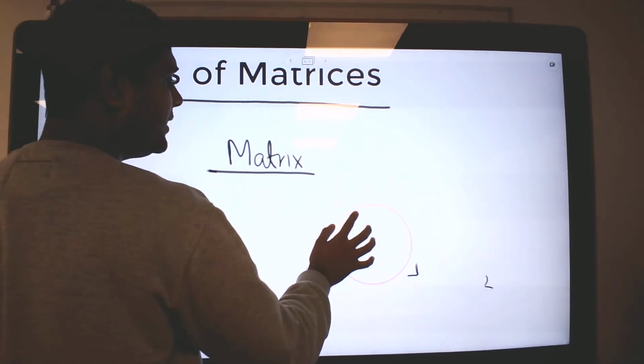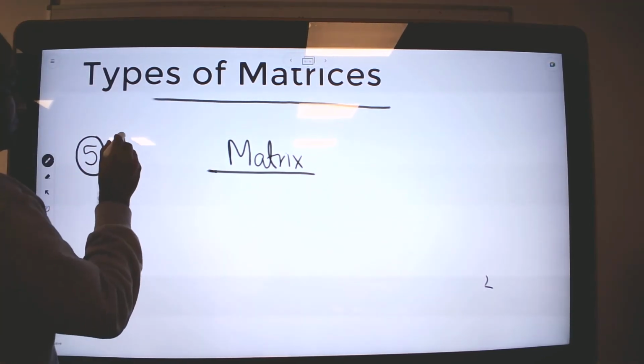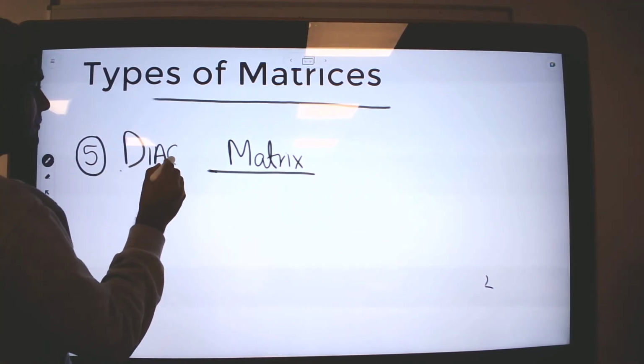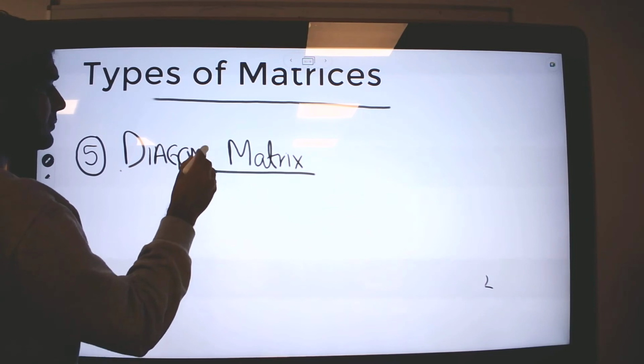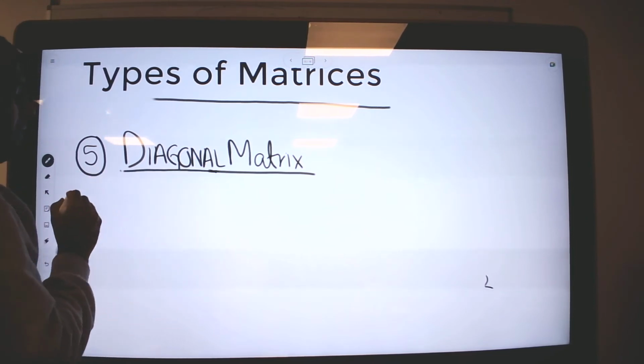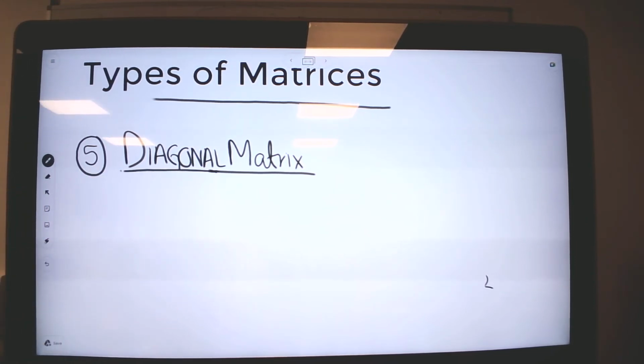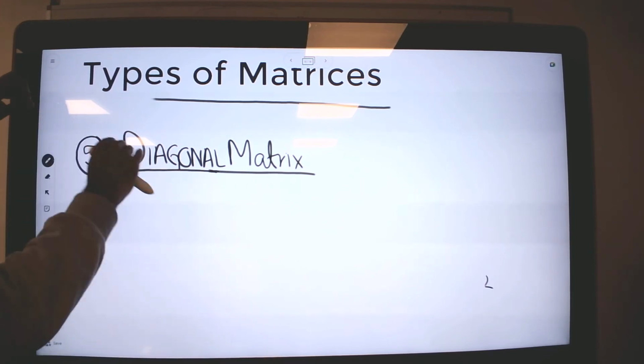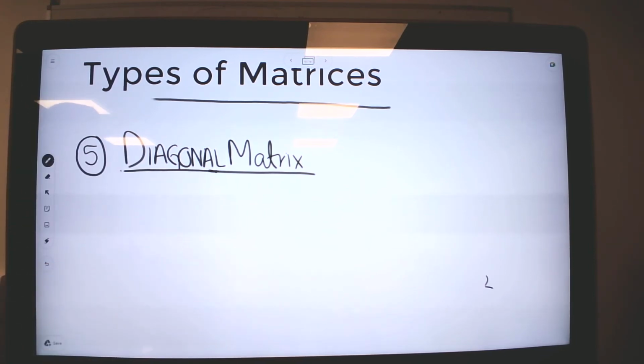Now then there is a thing called diagonal matrix. Diagonal matrix is a matrix where the elements of the diagonal starting from the left to the right all the way down are non-zero.